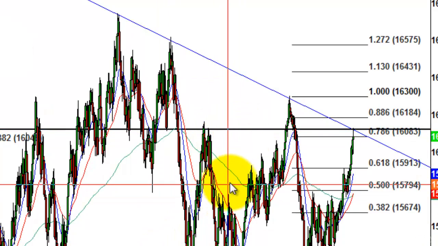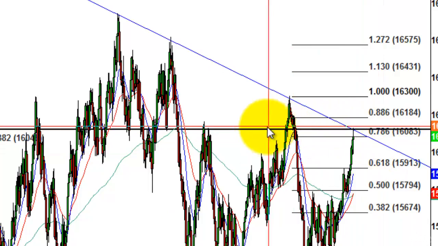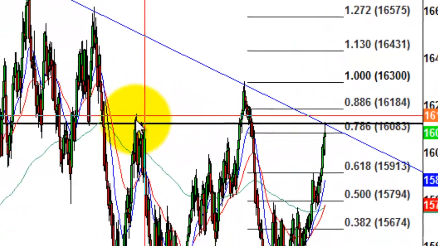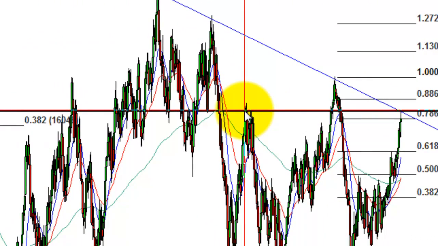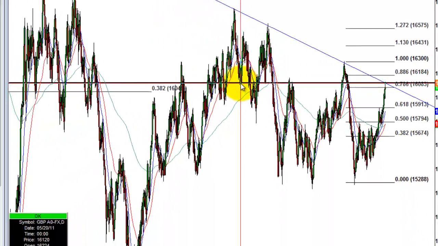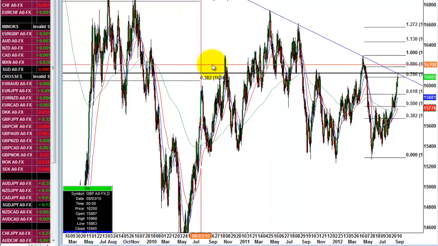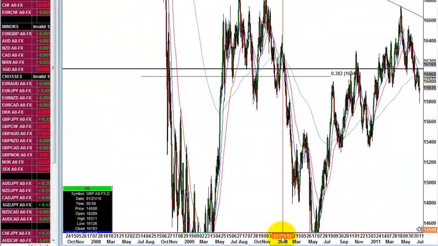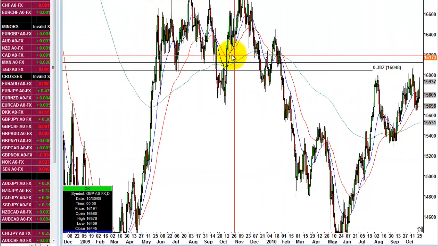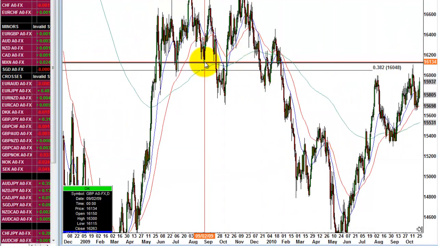We can see how we've had this horizontal level tested all the way back in October 2011, May 2011. If we scroll back, we can see as well that it tested all the way back in 2009.